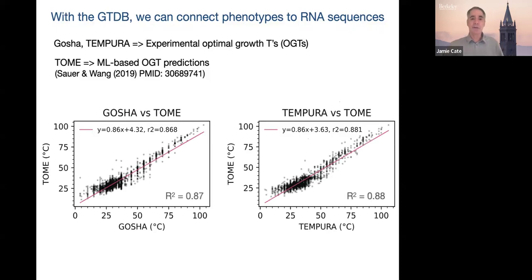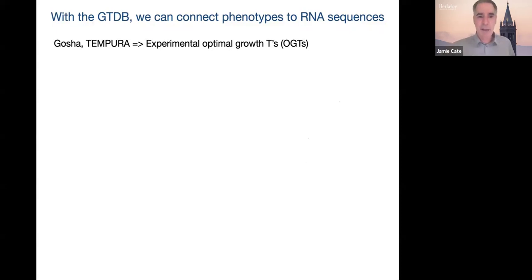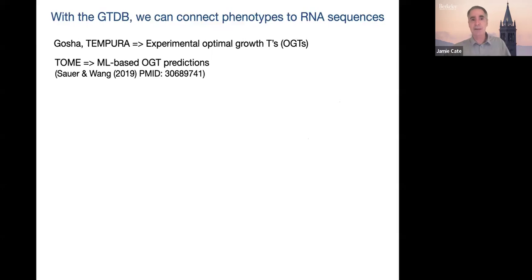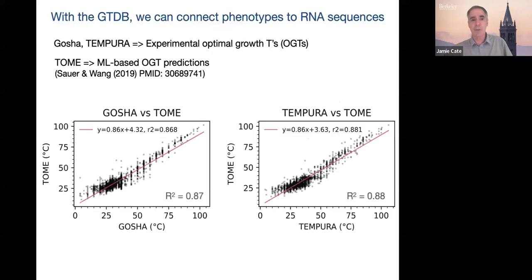In this database, only about 15% of the organisms have temperatures where we know that they grow. But since this model came out in 2019, there were some more organisms, and we could show that those new organisms' growth temperatures could be predicted very well by this machine learning model.